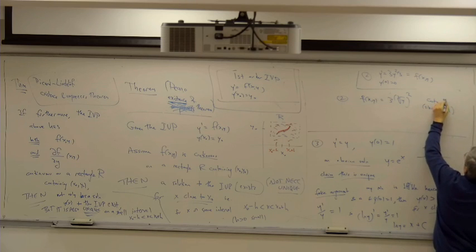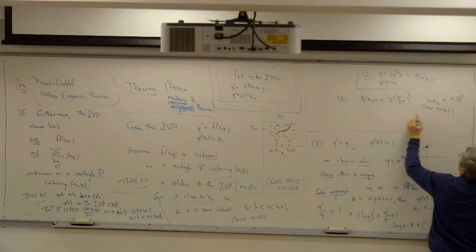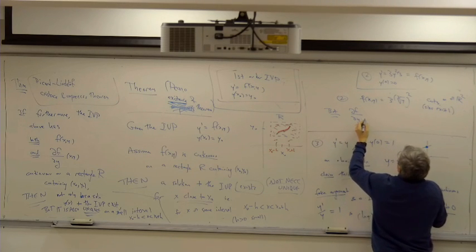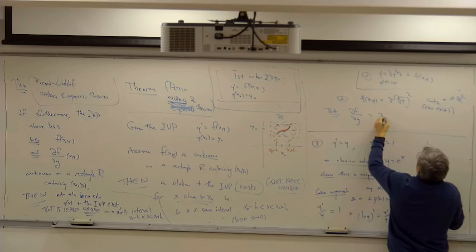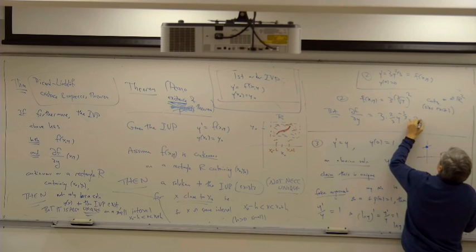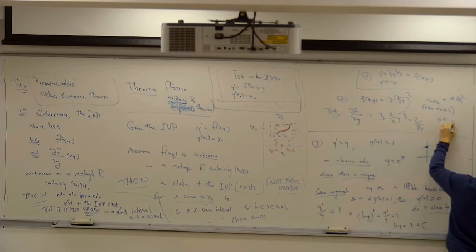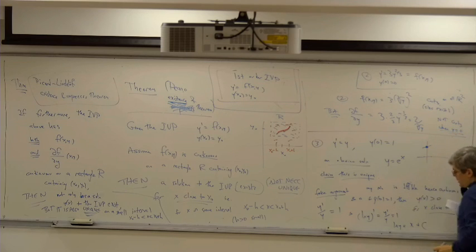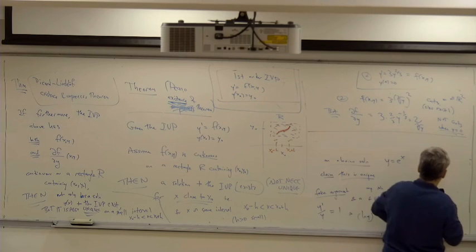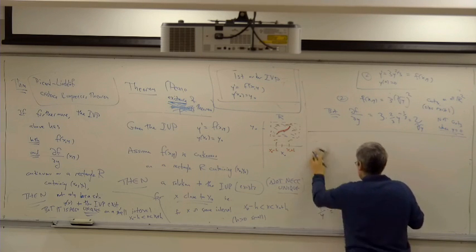It's continuous on all of R squared. But the partial of f with respect to y is 3 times 2 over 3 y to the minus 1/3, which is 2 over cube root of y. And this is not continuous when y equals 0. Okay? So I'll come back to the other example after this.